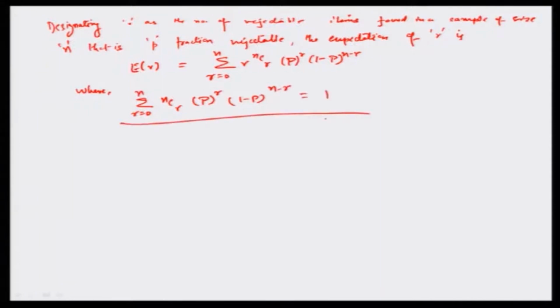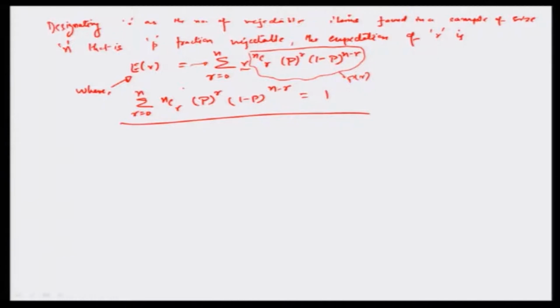So we want to find out the expectation of this particular distribution. We are basically multiplying r by exactly the probability of r rejectables in a sample size of n, just because it is discretized x p(x). So this is the P(r), and we are multiplying that by r, and r varies between 0 and n. So let us calculate what is the expectation of r if we expand this particular formulation.